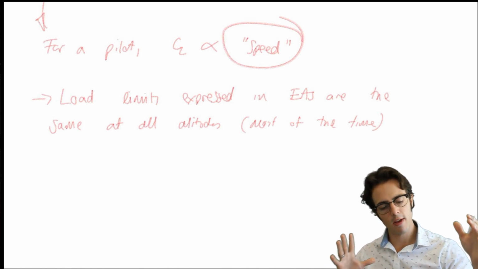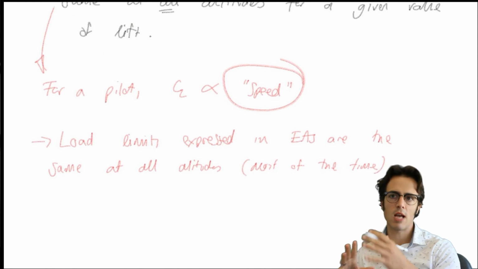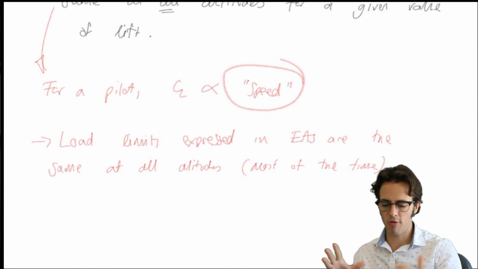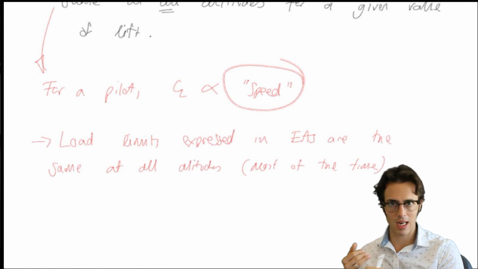But for our purpose, we like equivalent airspeed because it enables us to remove altitude from a lot of things. And particularly, it removes altitude from the relationship between lift and lift coefficient. And that's incredibly useful.